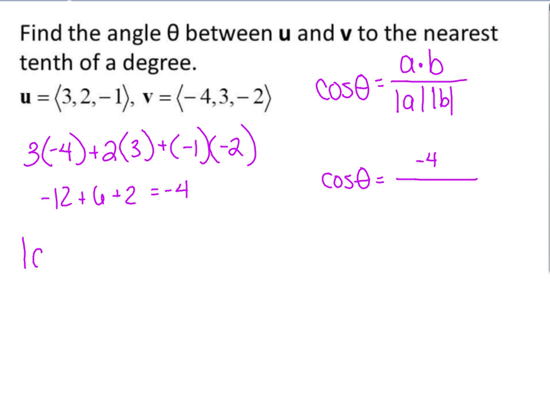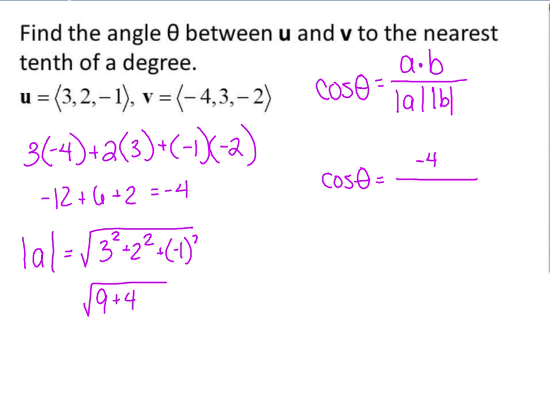Now we're going to find the magnitude of a. In this case, our a is our vector u. When you find magnitude, it's the square root of your first term squared plus your second term squared plus your third term squared. 3 squared is 9. 2 squared is 4. Negative 1 squared is 1.